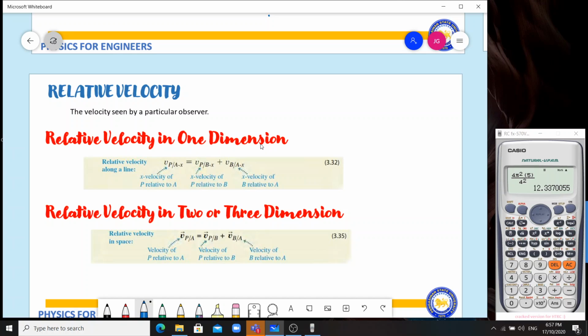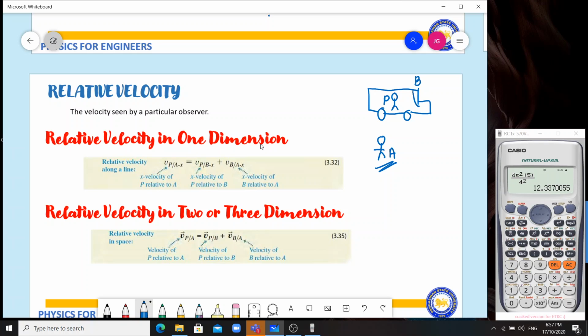So, for example, halimbawa, ito ay sasakyan. Tapos, sa sasakyan may passenger. So, ito yung P. Ito yung B. Tapos, meron tayong observer dito na A. Constant siya, hindi siya gumagalaw, or at zero motion siya. Zero speed, okay?